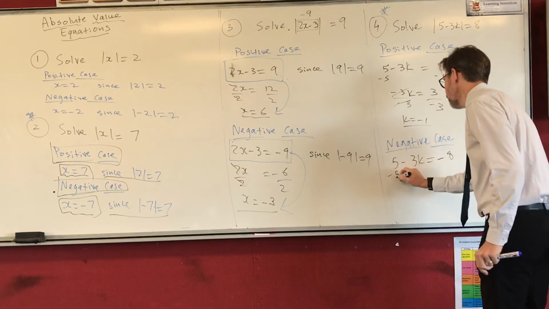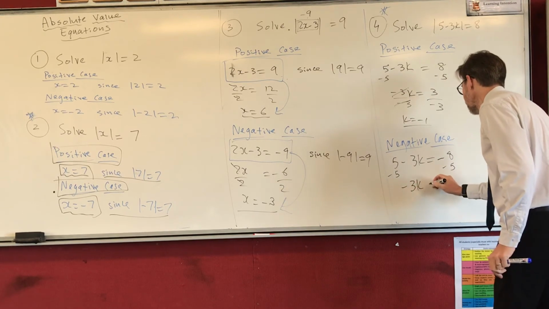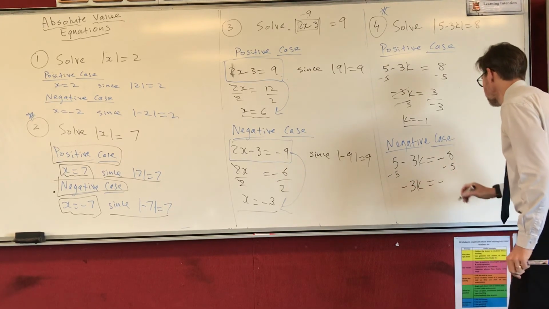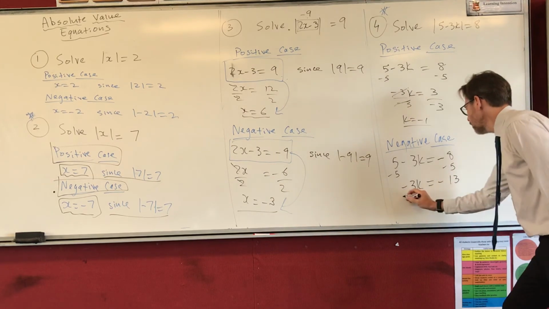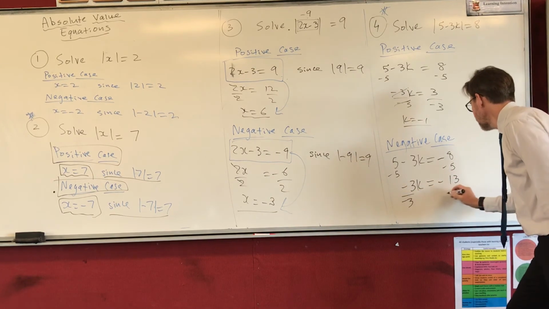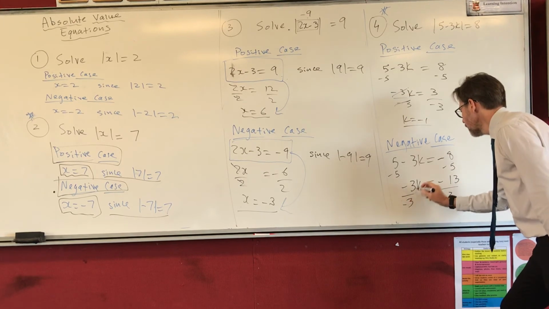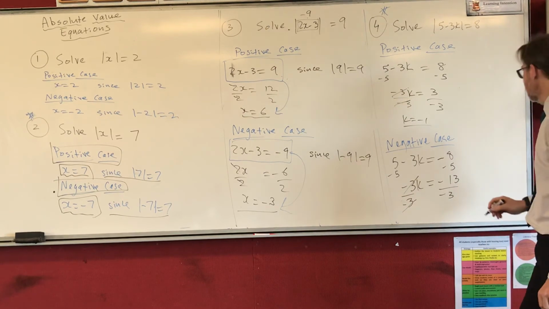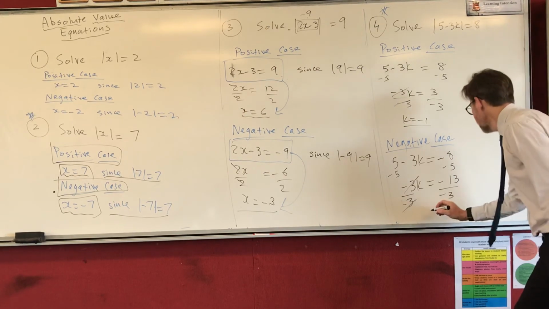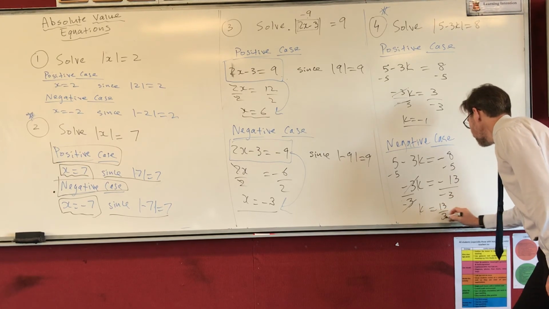Minus 5, minus 3k equals minus 13. And divide by negative 3, divide by negative 3. The negative 3's cancel. And then you're going to get k is equal to 13 on 3.